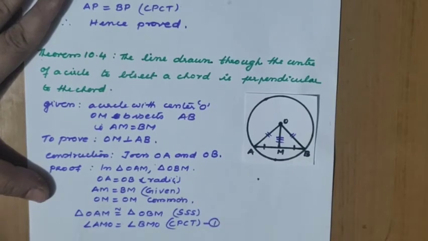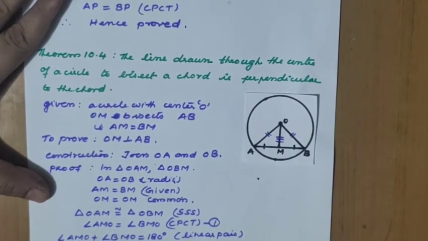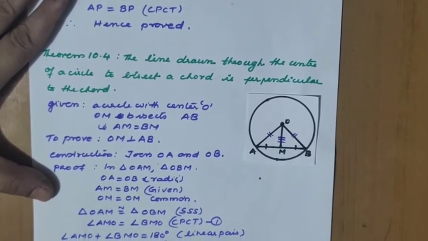Equation number 1. Now angle AMO plus angle BMO equal to 180. What is the reason? Linear pair. Already the same proof we have written for many theorems. Now AMO and BMO are equal, so we will write AMO plus again angle AMO, replacing angle BMO by AMO, equal to 180 degree using 1.